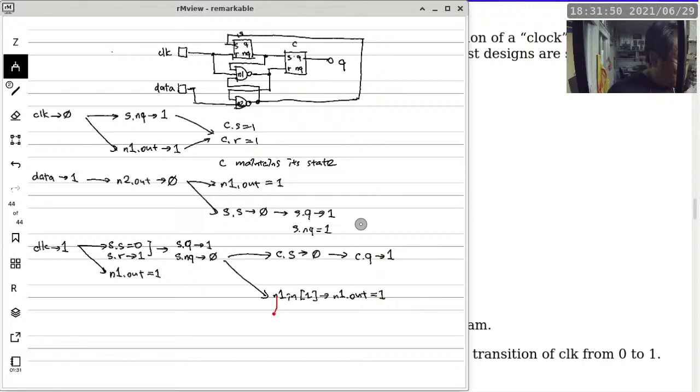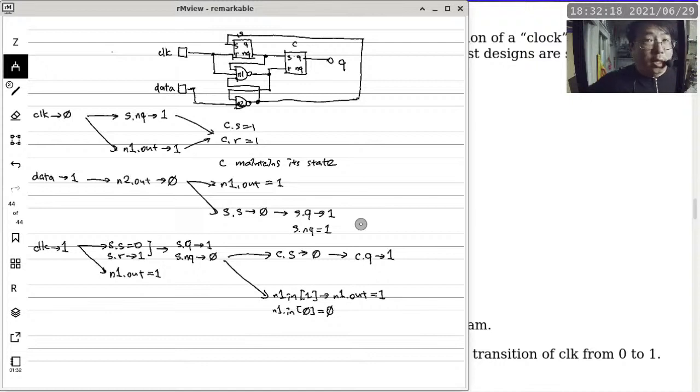Let me just put it here so it's clear. Because the first input of N1 is still a 0 at this point because it's coming from NQ. Is that convincing you, Fooling, that N1.out is still maintaining a 1 at this point? It is not changing. Okay.